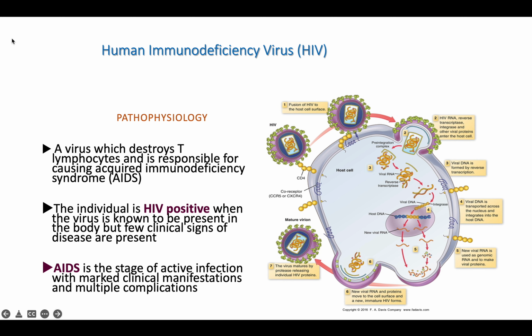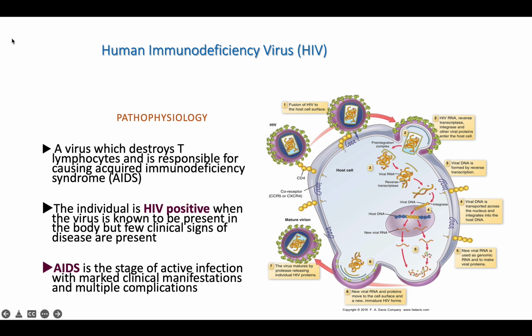During this window period, the viral load in the body is increasing, but we may not see a response until the T cells, which are the part of immunity that is destroyed with this virus, become lower than the viral load.